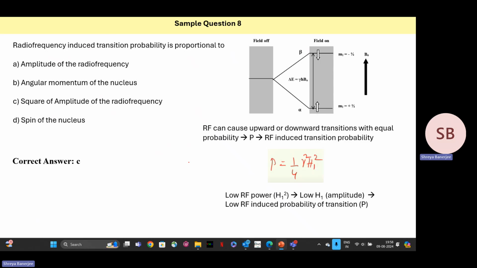So if you have a radio frequency, this is your H1 amplitude. So this is the formula to remember. So clearly radio frequency induced transition probability is proportional to H1 squared, which is the square of the amplitude of the radio frequency. That is your answer C.